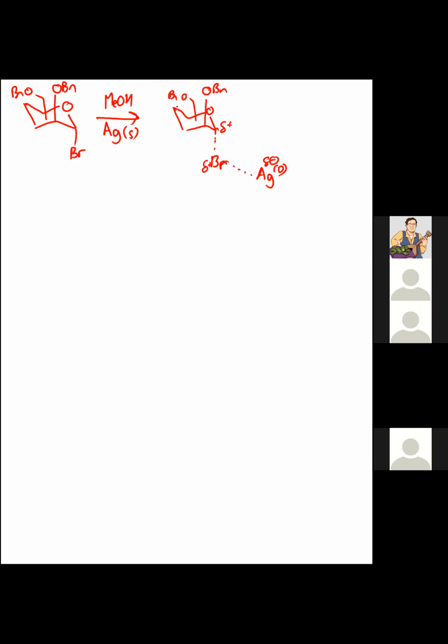And what we've just done, of course, is we've activated this bond. We have weakened that bond. And so now where methanol didn't have a chance of displacing this directly, now it can. I'm so used to drawing alpha.